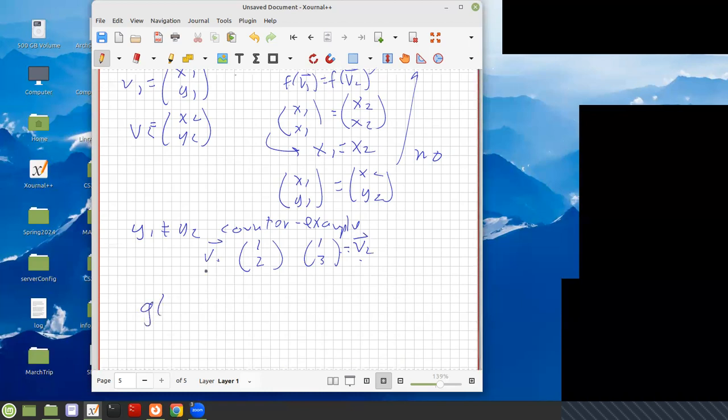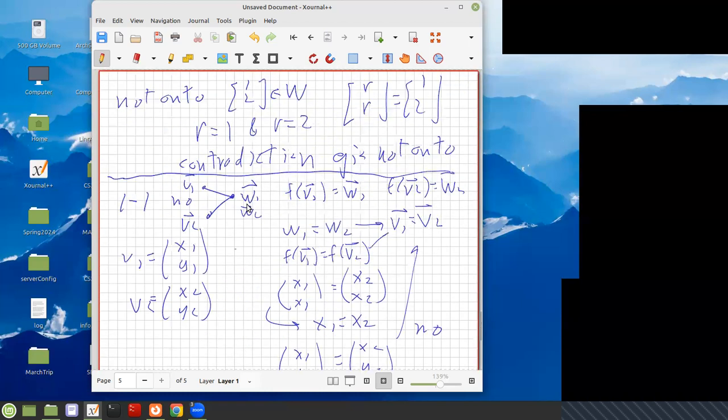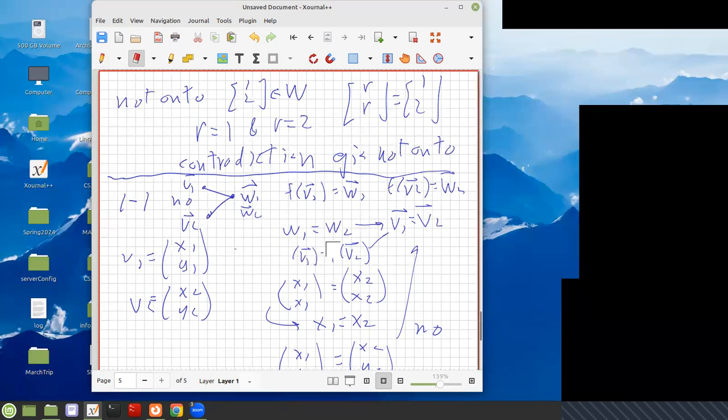Why did I say f? Sorry about that. This is g of v1 equals w1 and g of v2 equals w2.